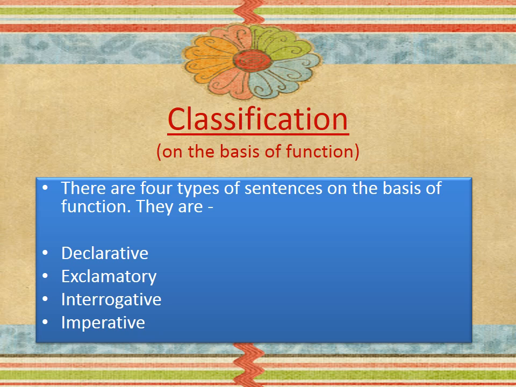The second classification of sentences is based on function. There are four types of sentences on the basis of function, and they are declarative sentences, exclamatory sentences, interrogative sentences, and imperative sentences.